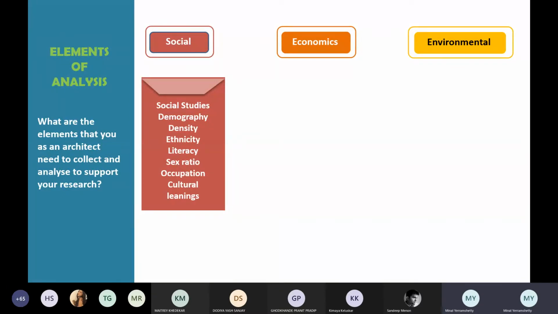So in the social studies, what all things will come? The demography, how many people there are, and what their density is. Maybe the demography is very large, but the density tells you whether they are spread apart or congested in one area. Because the density is high, it definitely means that it's a congested area or an urban area, or maybe the land prices are high.